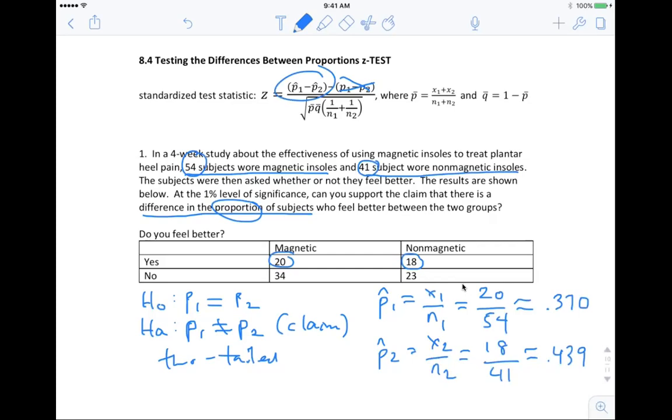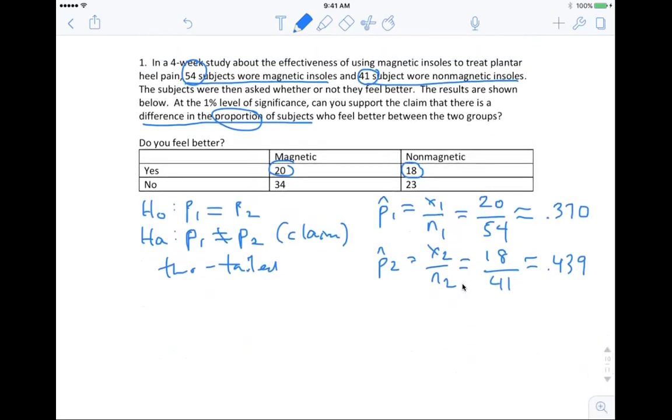Next, you notice in the bottom of that formula, we've got P bar, and that has a little formula for itself. Also Q bar. Q, as we've done all semester, is 1 minus P. Okay, so for P bar, we're going to take the X's and add them together.